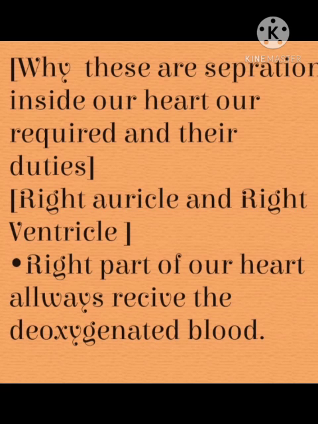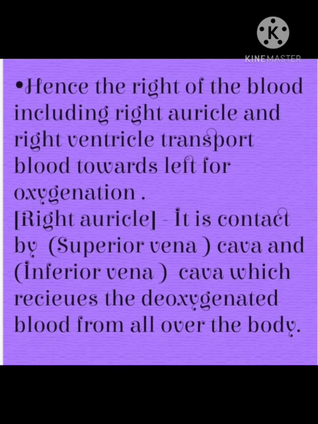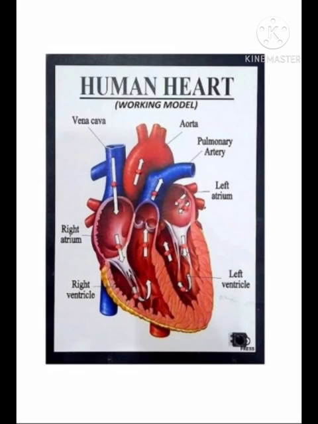The right part of our heart always receives the deoxygenated blood. Hence the right part of our heart, including the right auricle and right ventricle, transports blood towards the lungs for oxygenation.